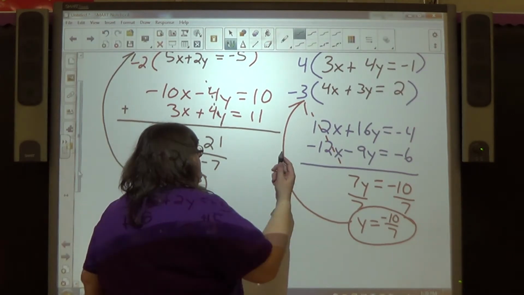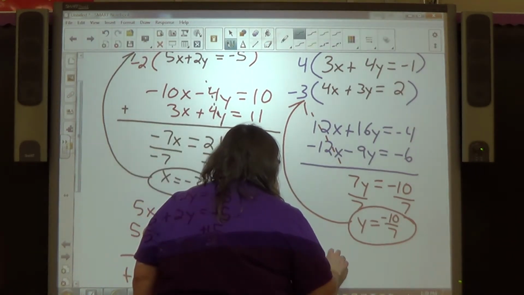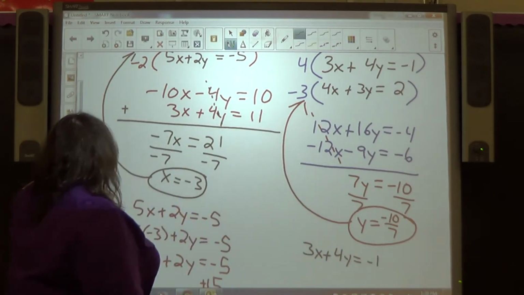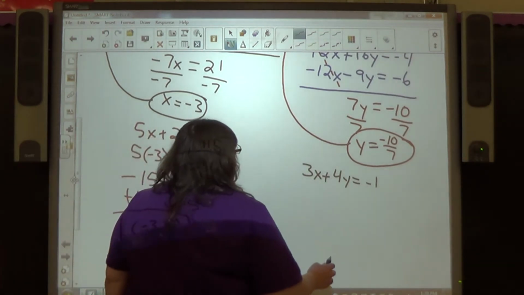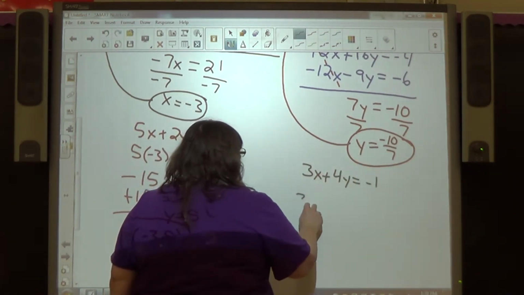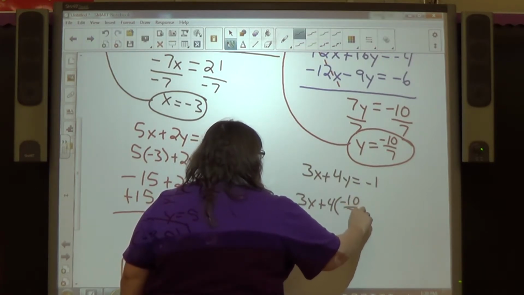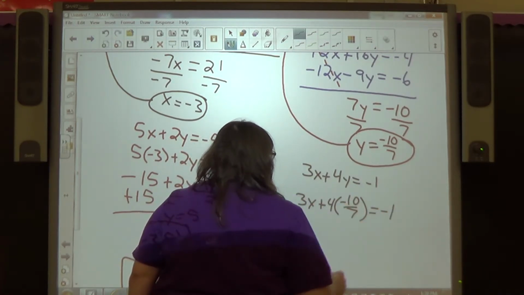So now, doesn't matter which one, 3x plus 4y equals negative 1. And we're going to plug y in, so 3x plus 4 times negative 10 over 7 equals negative 1.